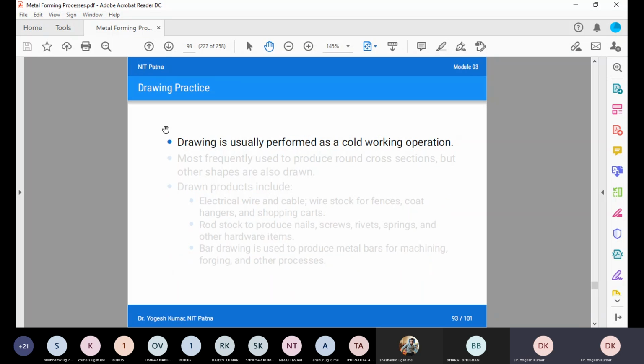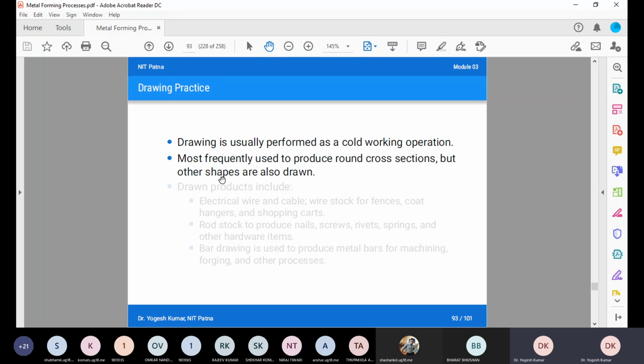Now we will move further related to drawing. Drawing is generally performed as cold working. It is a cold working process, normally performed at room temperature, and it is generally used to produce round cross sections.